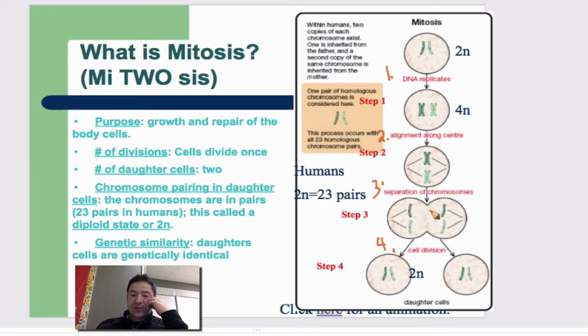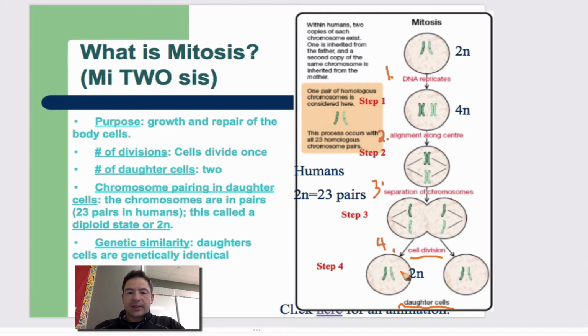Step 3 is going to be the separation of the chromosomes. This is where those spindle fibers pull the chromosomes apart, and eventually it's going to move to step 4, which is going to be cell division producing two identical daughter cells, like I said, if that makes sense.